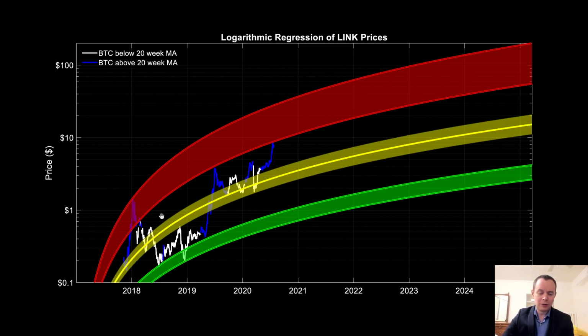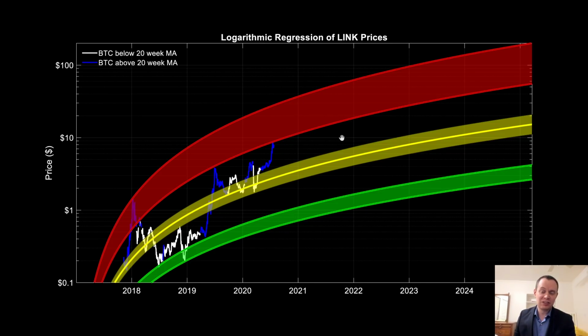So many times in the past, Link has seen a nice move, but then Bitcoin falls below the 20-week, and then there's either a retracement or it just tends to move sideways with respect to the US dollar until Bitcoin gets back above its 20-week moving average. So we don't really know what's going to happen. If Bitcoin stays above the 20-week, maybe we'll start moving quicker.